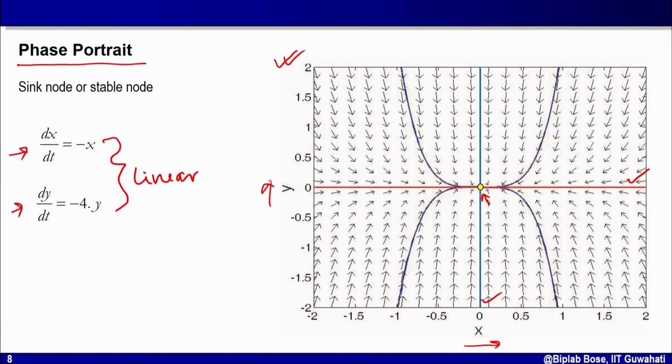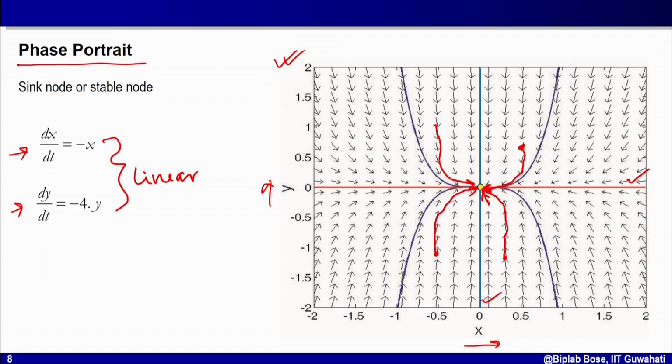If you look at the trajectory, you can see easily, if I start from this point, I will follow this arrow and collapse at 0, 0. If I start from this point, I will move towards 0, 0 and collapse there. So from any quadrant position if you start, you will eventually reach the steady state at 0, 0 asymptotically.